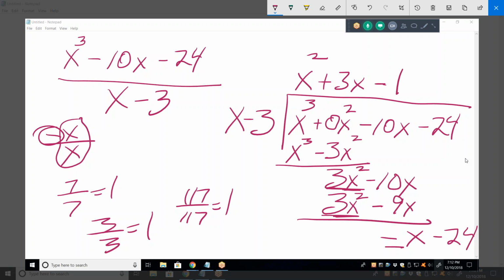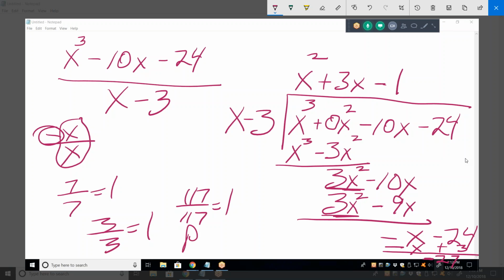Multiply it. Okay, so I didn't leave myself quite enough room here. Plus 3. Subtract those. What do you get? Negative 27. Now, notice that I can't do that division anymore. I can't divide x into minus 27. So what that means is I'm done. That's a remainder. You could write it a couple of ways.